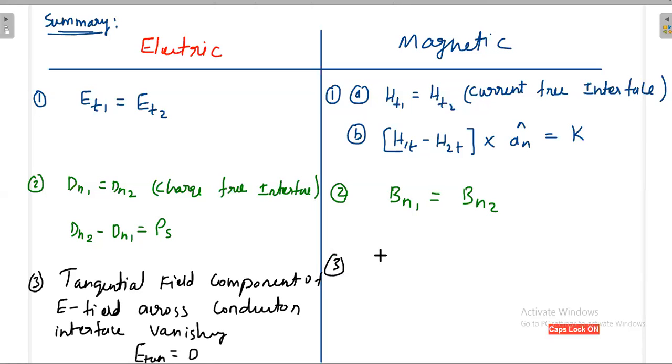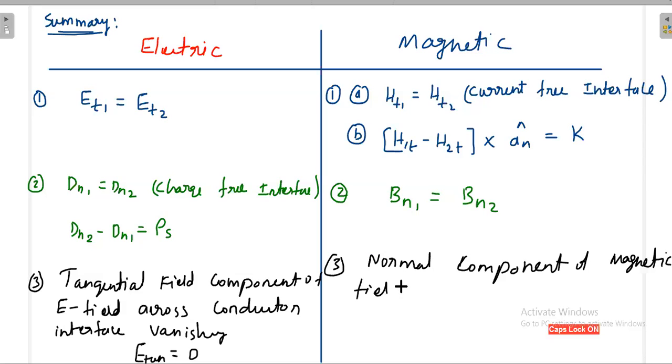At that point, the normal component of magnetic field across the conductor interface is vanishing.